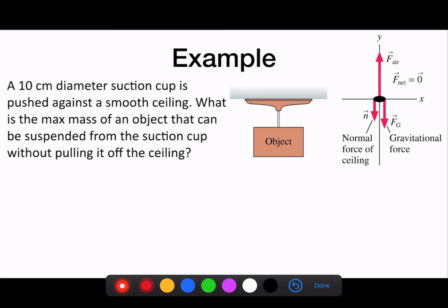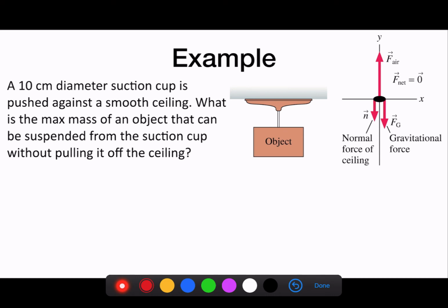To start, let's take a look at the free body diagram that we already have included here. We have the force due to the air around it pushing upwards, again, pushing in the direction in which there is no air. So we can see that pointing up. We have the gravitational force of the suction cup and its mass pulling down. And then we have the normal force of the ceiling.